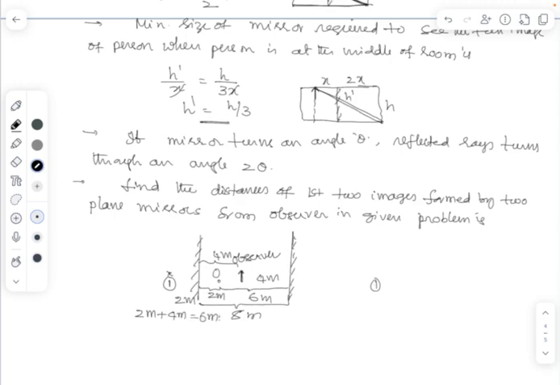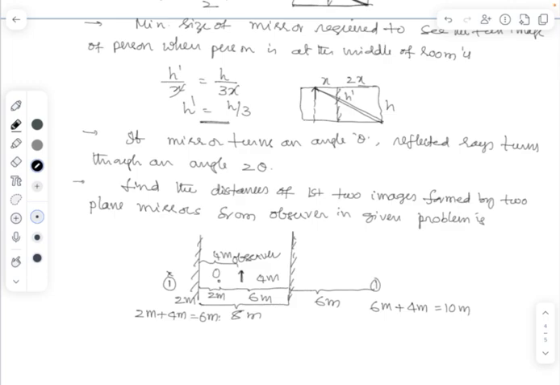This is 6 meter. 6 meter plus 4 meter equal to 10 meter. So this is the second image.